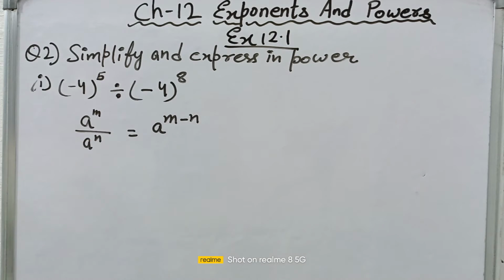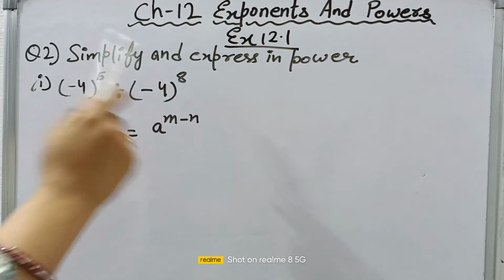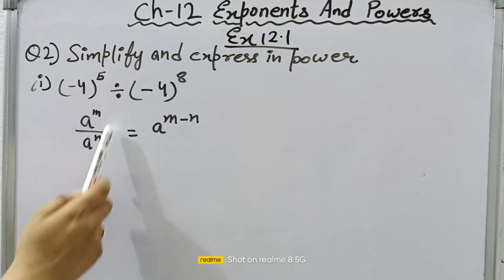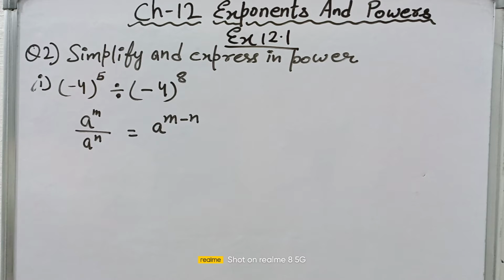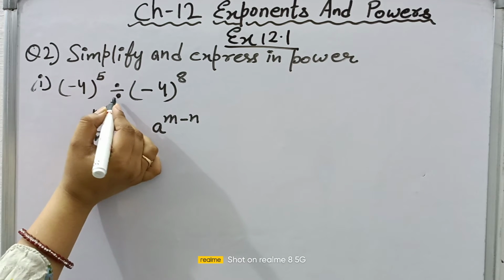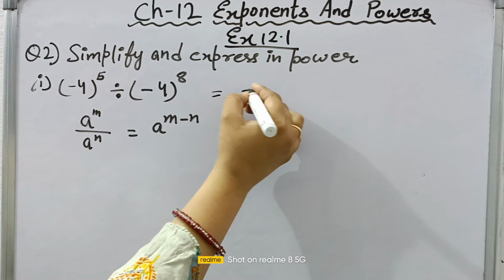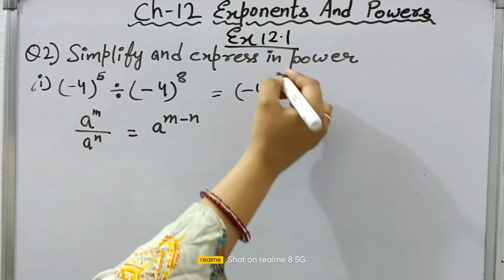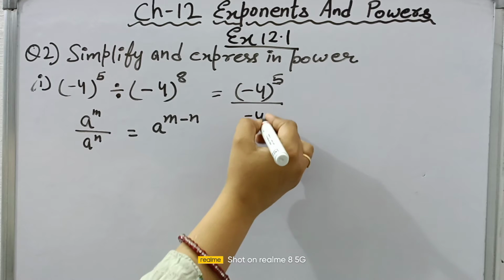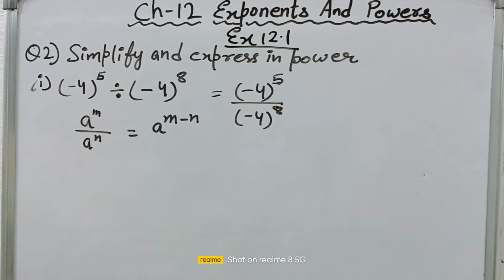That means these are a, and this 5 and 8, they are positive exponents. So they are m and n. But you will say that this expression is not in the form of a to the power m upon a raised to the power n. So we have a sign of division over here. So we can write it minus 4 raised to the power 5 upon minus 4 raised to the power 8.